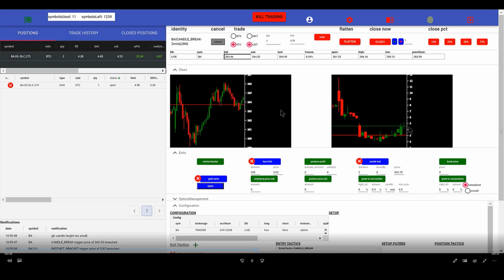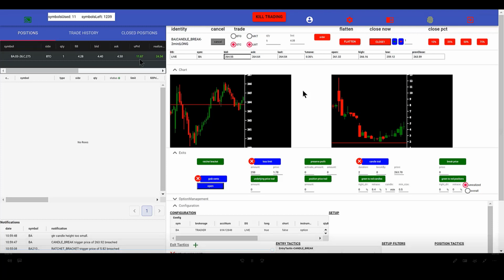This is the option price, and we're just waiting for that to make it up there. There's 440. Okay, so that gets it. So now we are down to 1 contract. We have 24.34 in profit, and this is the unrealized profit. We're just looking for Boeing to continue up.